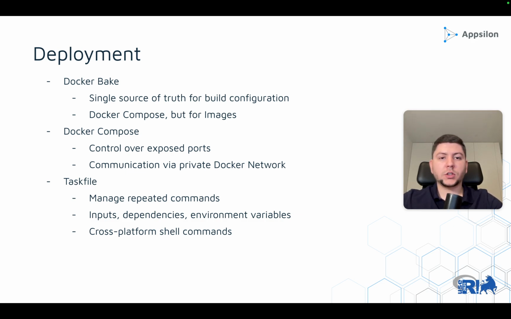But then all these Docker files are built in a very centralized way through Docker Bake, which has its own Docker Bake configuration file. You can run a single terminal command to build tens, maybe hundreds of Docker images at once, which is very useful. I like to think about it as a Docker Compose, but for Docker images.